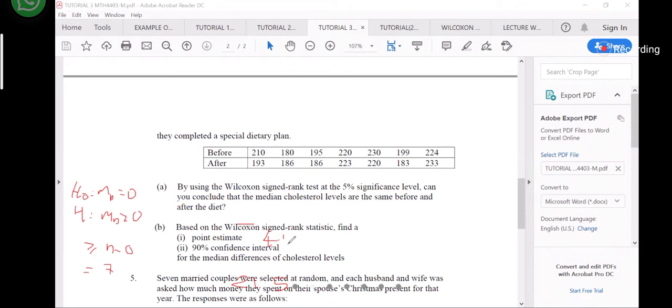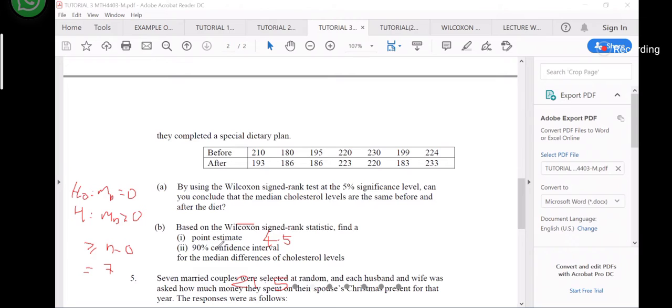And please note, I just want to highlight this: when you want to find the point estimate or the confidence interval, the differences equal to 0 should be included in the analysis.